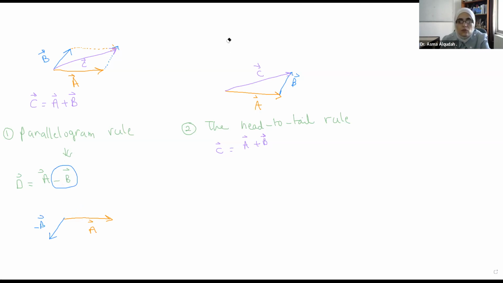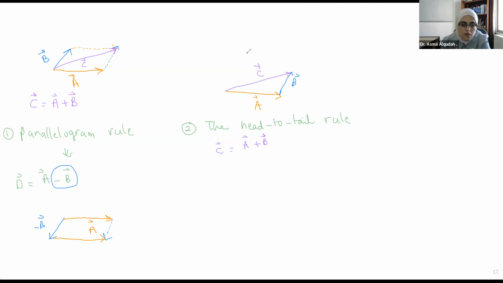Okay, and then after we have drawn the vector minus B, we finish up the parallelogram shape. So this is parallel to minus B, and we have another vector that is parallel to A. Now the rule says that we start at the heads of the two vectors and we finish at the other corner.